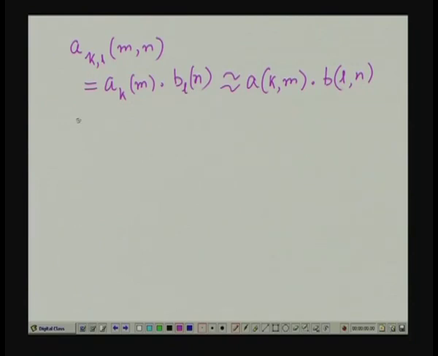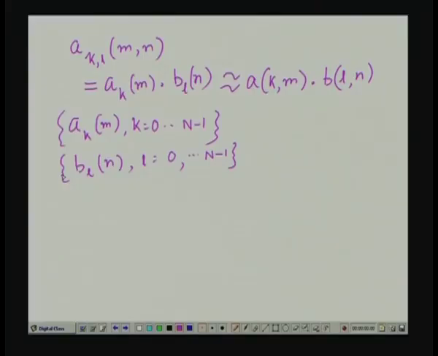So, in this case, both A K M, where K varies from 0 to capital N minus 1, and B L N, where L also varies from 0 to capital N minus 1, these two sets A K M and B L N are nothing but one dimensional complete orthonormal sets of basis vectors.